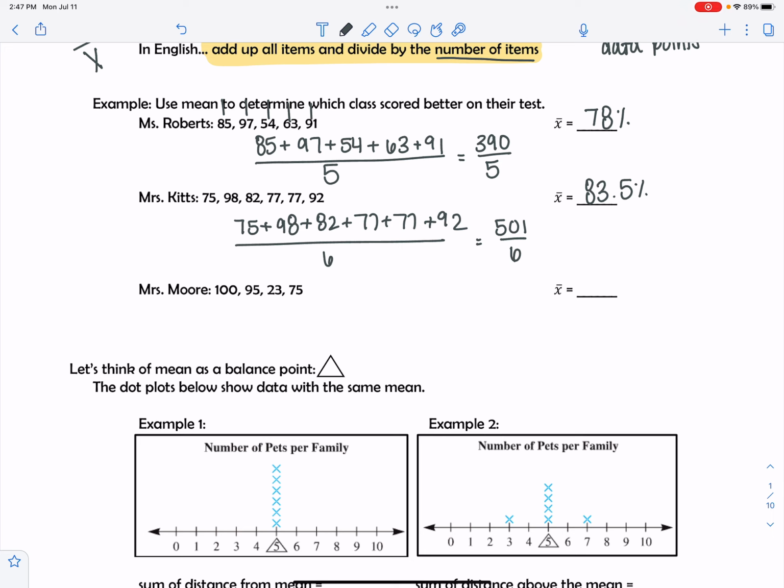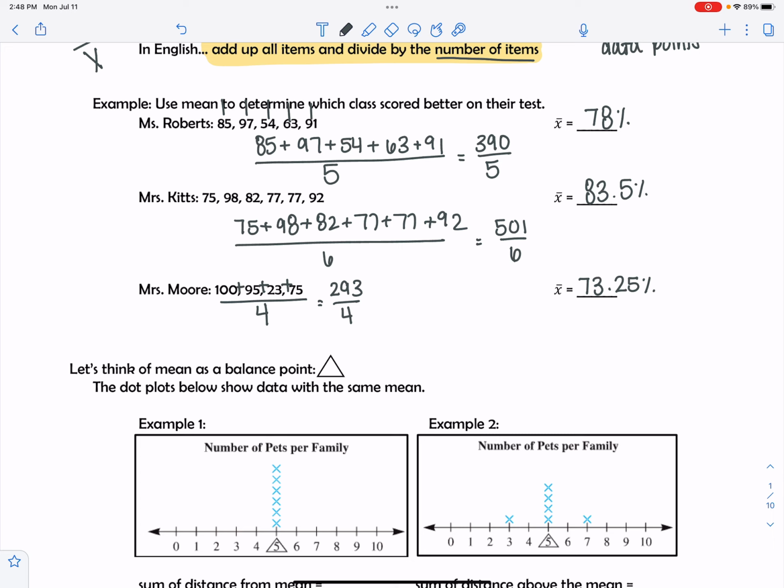And then lastly, Miss Moore, I'm going to add up all those numbers and then divide by 4. And so when I add up the top, I get 293 divided by 4 is going to give me a class average of 73.25.